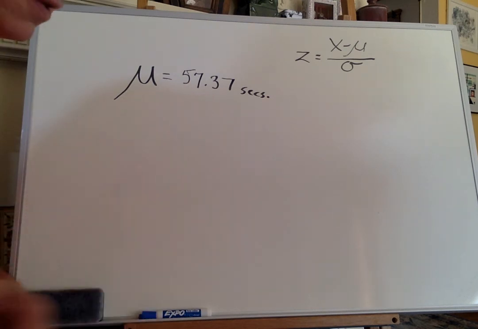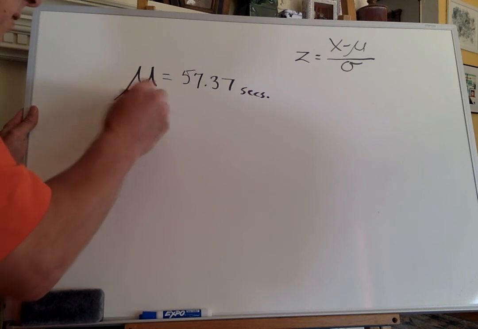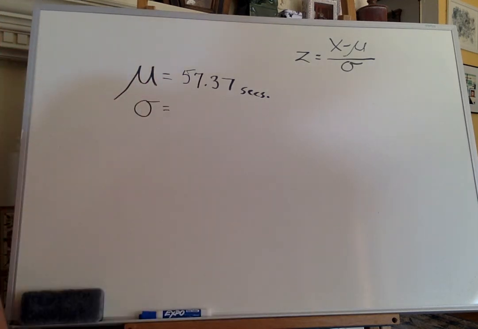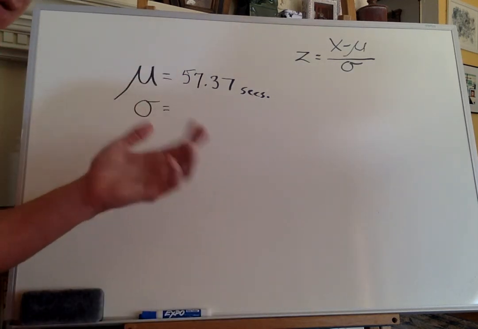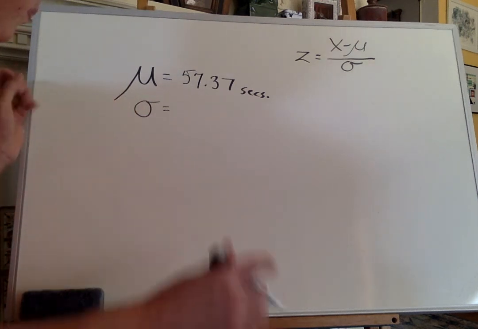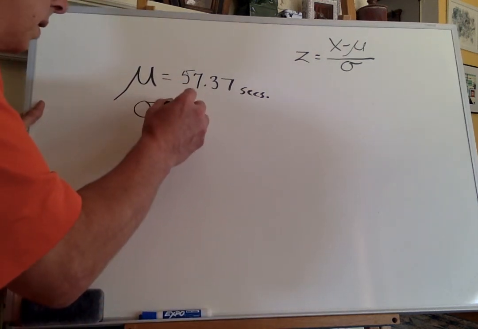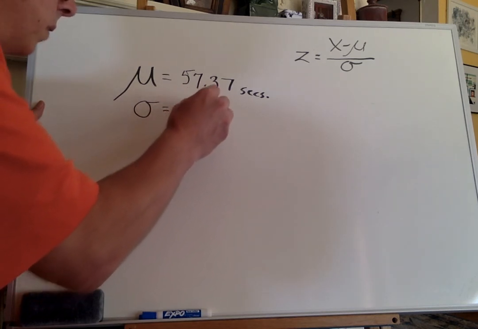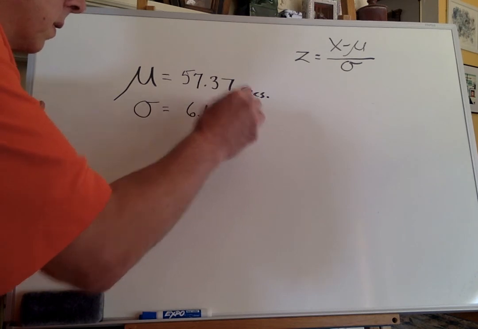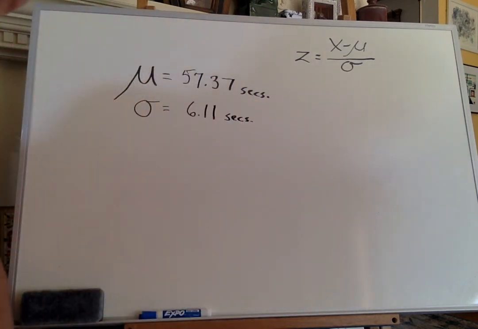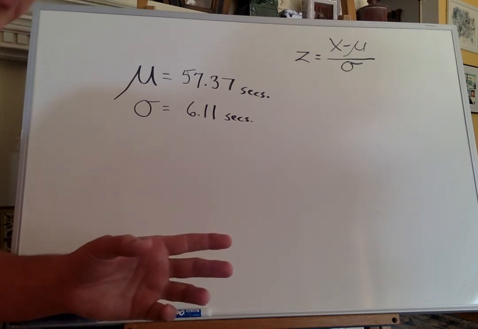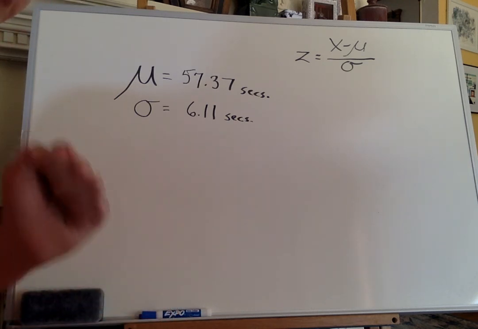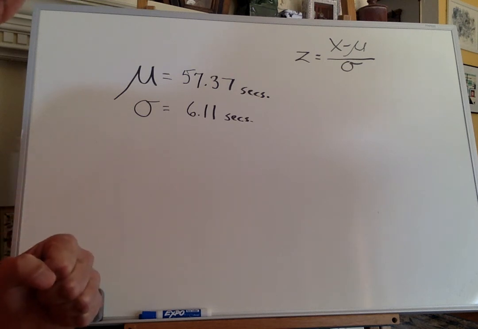I don't know, or however many meters. It just doesn't matter that much. And the standard deviation, of course, because not everybody has the same running speed, right? The standard deviation is, let's say, 6.11 seconds. Okay? So those are the population parameters for a normal distribution of running times for this particular event.